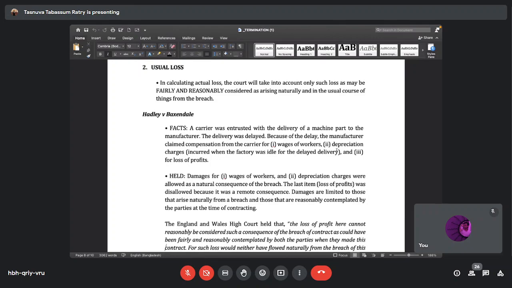He included compensation for the wages of the workers. He included depreciation charges incurred because of the delayed delivery, and he also claimed compensation for the loss of profits.